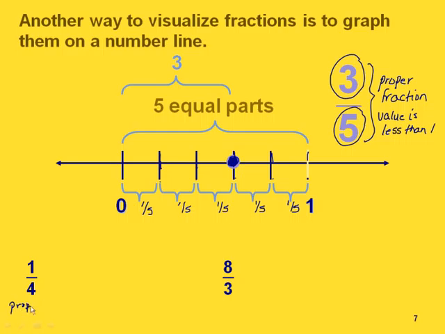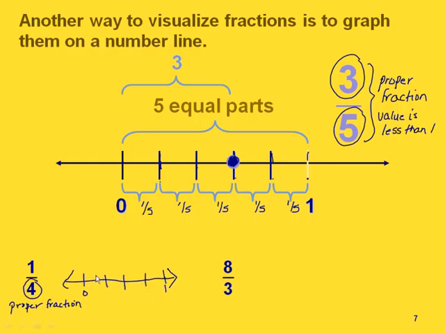Okay, let's try graphing a couple of these. If we want to graph 1/4, again, we want to notice that this is a proper fraction. We're just going to go from 0 to 1 on our number line. And then in between there, we want to divide that up into 4 equal parts.